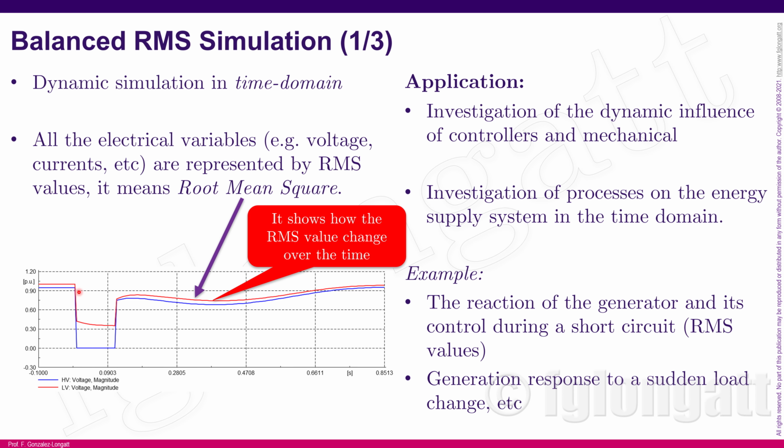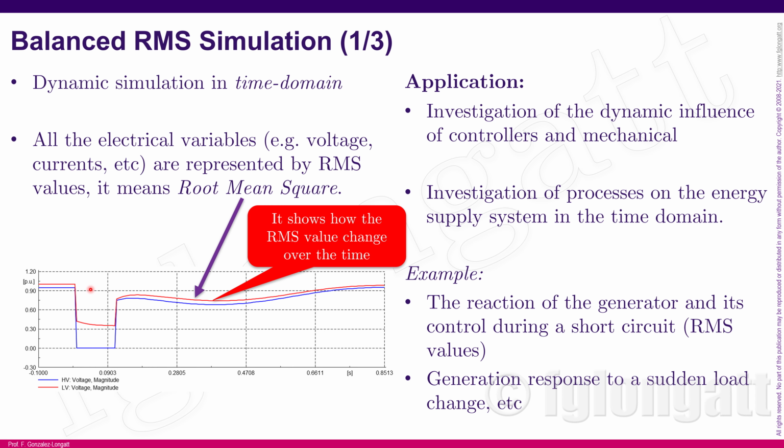We are working in a classical power system. Power systems use AC signals. However, when we are using RMS simulation, we assume that the frequency is constant, equal to the fundamental frequency, and we can use the concept of RMS value. What I'm telling you here is that this plot is representing the RMS value, but it is representing the changes in the RMS value over time, okay?